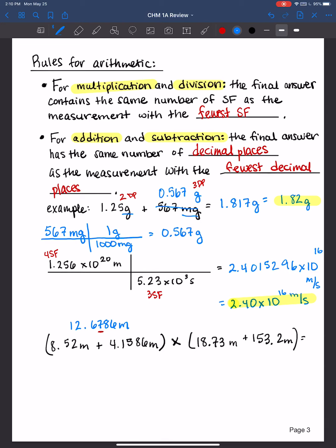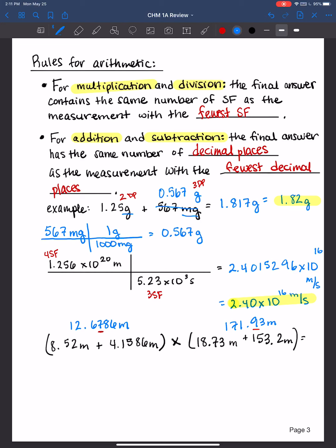So when I plug that into my calculator, I got 171.93 meters. I like to keep those units there. And once again, how many decimal places would you round to if you had to round at that point? Looks like you would have rounded to 1 decimal place. So use a different color pen and underline that decimal place there. Now the final order of operation is multiplication.